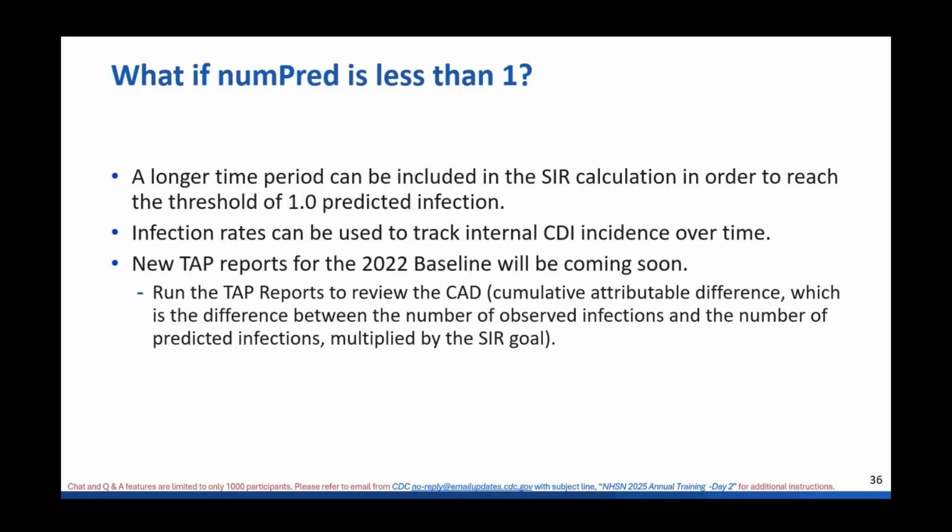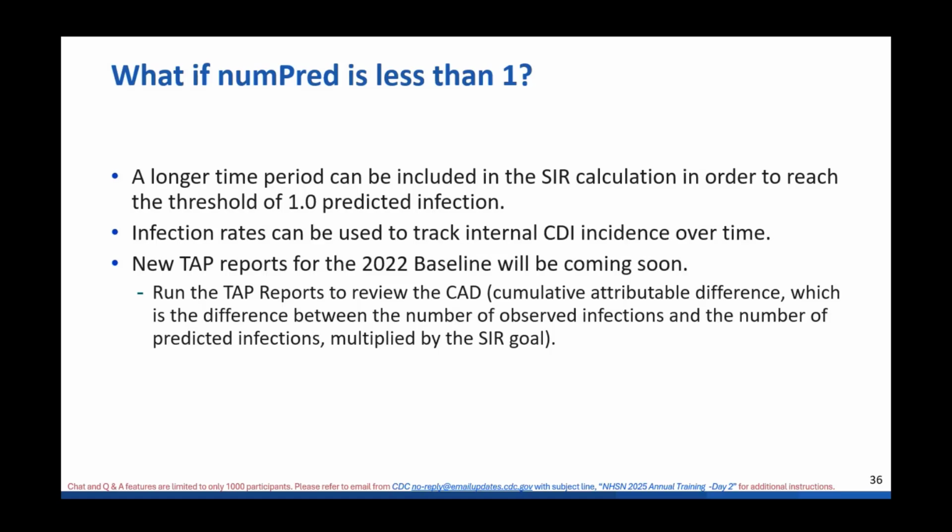If you're still interested in obtaining an SIR for your facility, you're able to modify the time period of the report to include a longer period. That way, potentially as the number of patient days increase, you may be able to obtain a number predicted that reaches that threshold so that it will calculate the SIR.